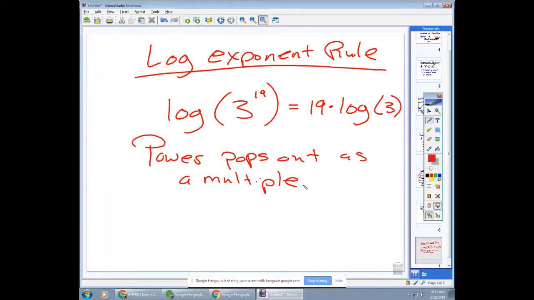So just plug this into your calculator and see that you get the same answer for both of these. Try typing log of 3 to the 19th power, hit enter. Try typing 19 times log of 3. And you should find they're both the same number.